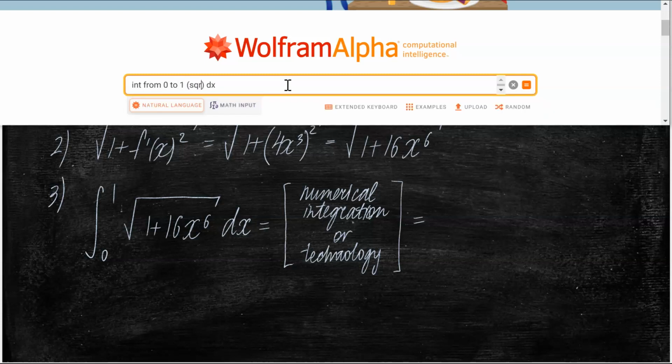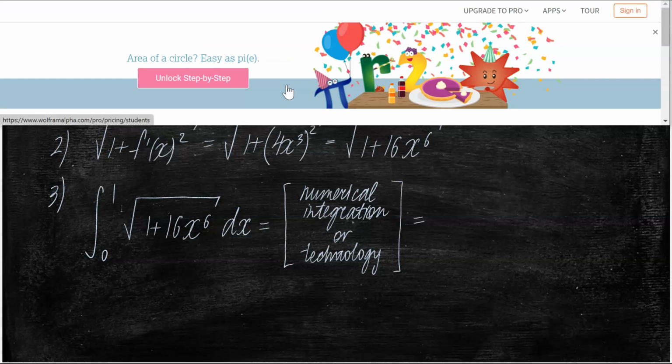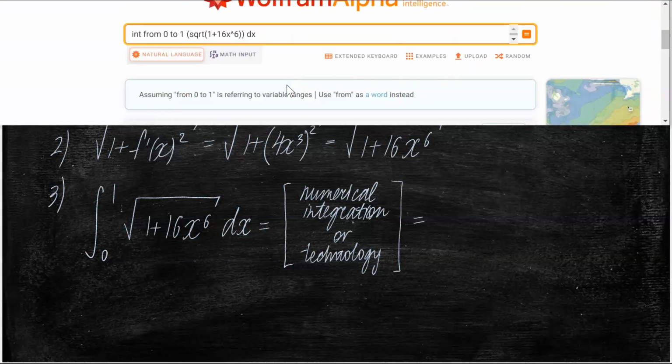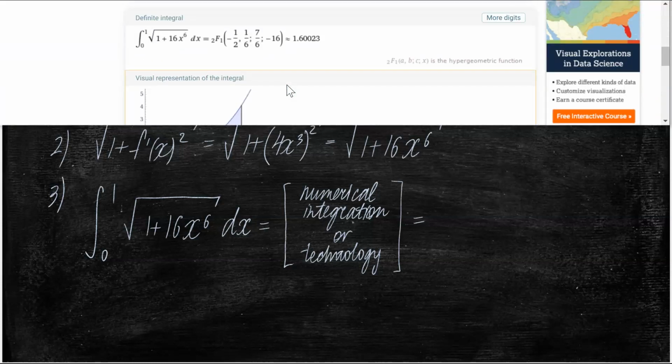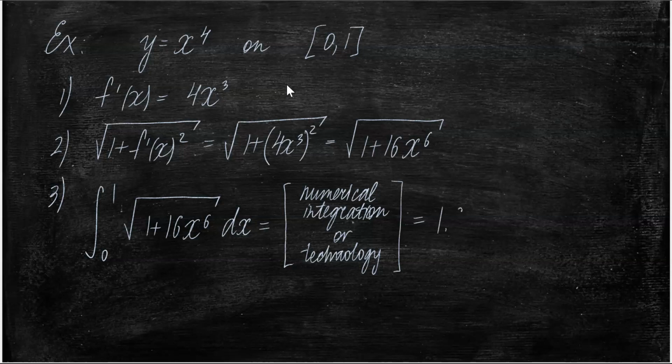We have the square root of 1 plus 16x to the power 6. And it seems like the answer is 1.6 units. We're looking for the arc length here, so whatever units are used, those would be the units of the arc length.